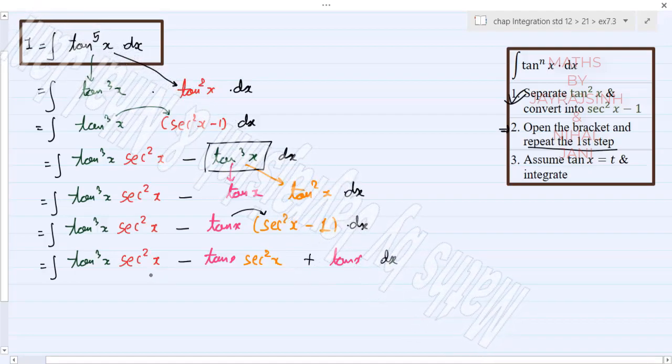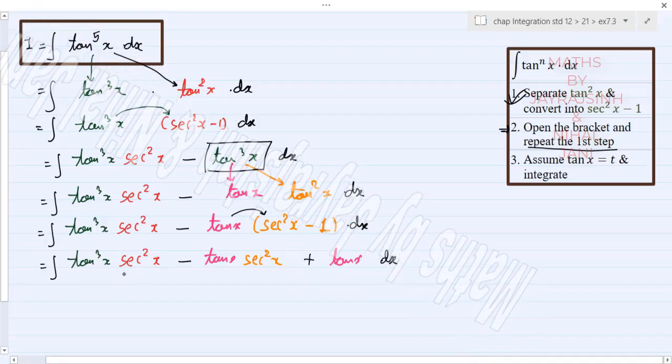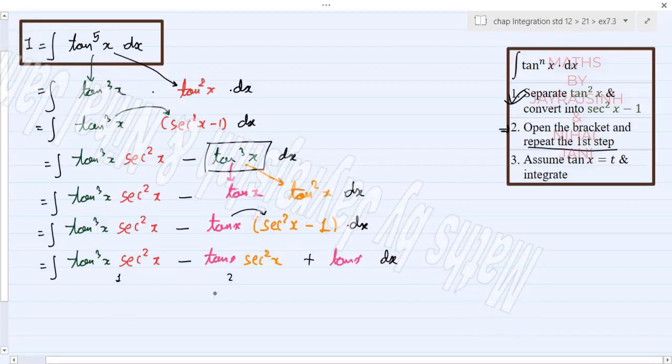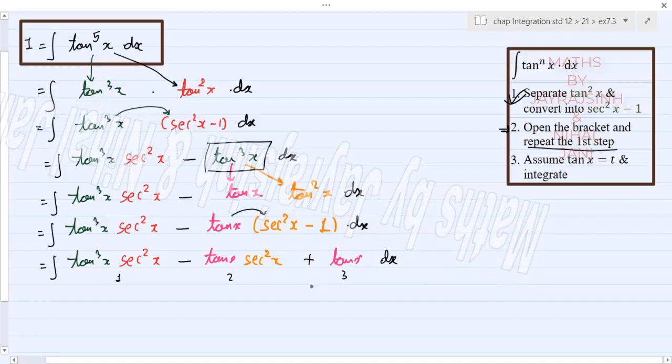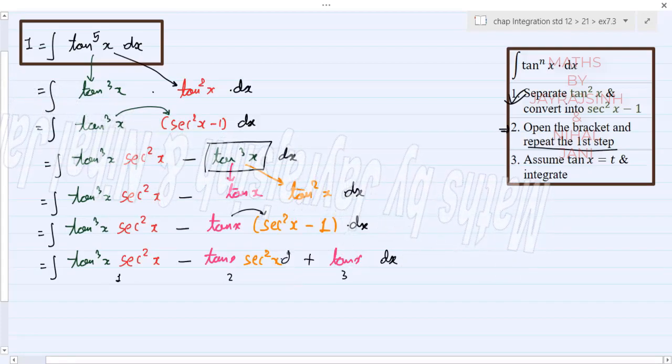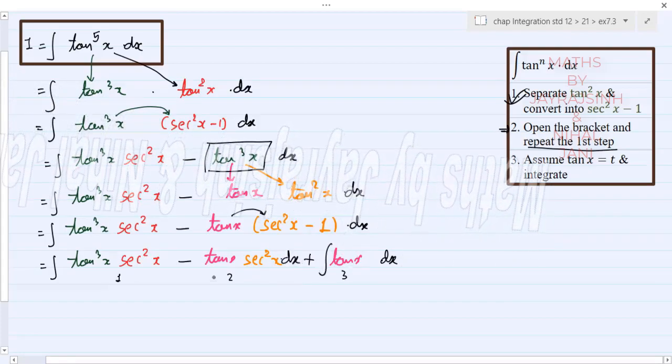Now as you can see, we have sec square x in the first and second terms, but in the third term we don't have any term of sec square x.